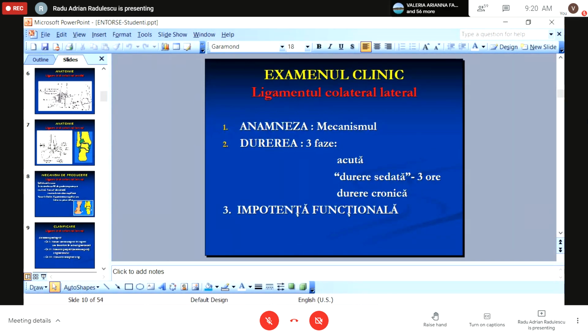Besides that, the first and most important signs or symptoms appear when the patient comes to the emergency room. The first and most important is pain.